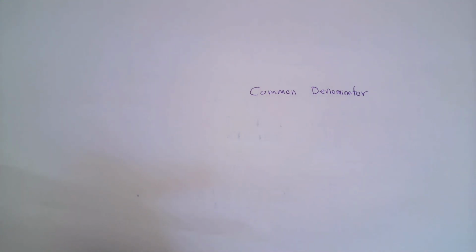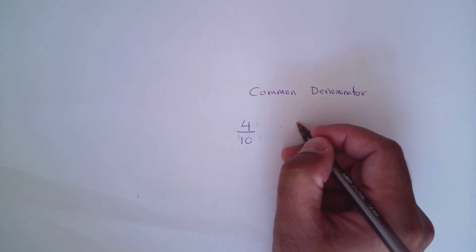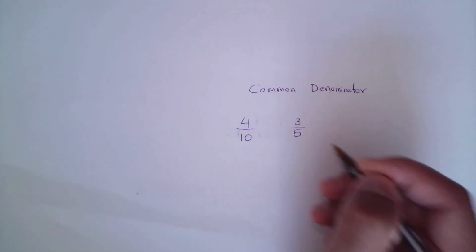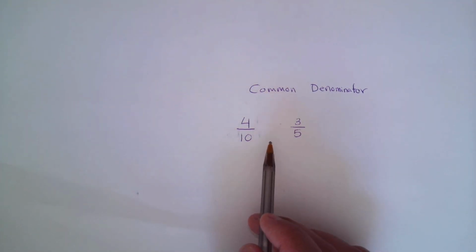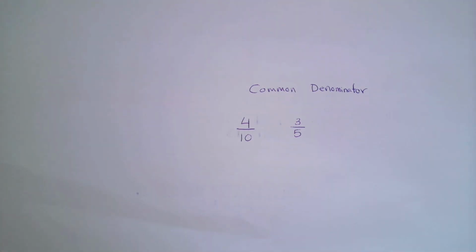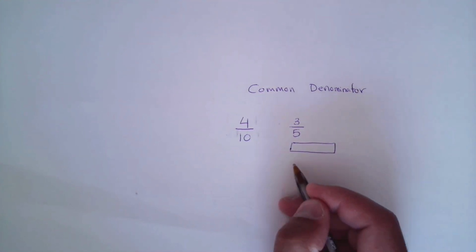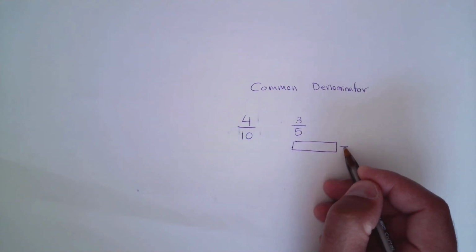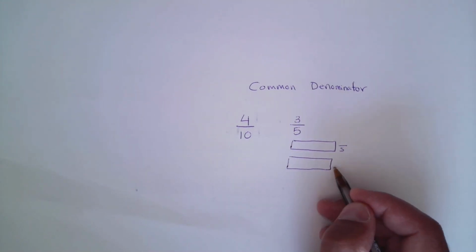Okay, so let's say I have 4/10 again and 3/5. These fractions belong to different wholes, but they are the same size. So this is a whole for the 3/5, and then here's a whole for the tenths.